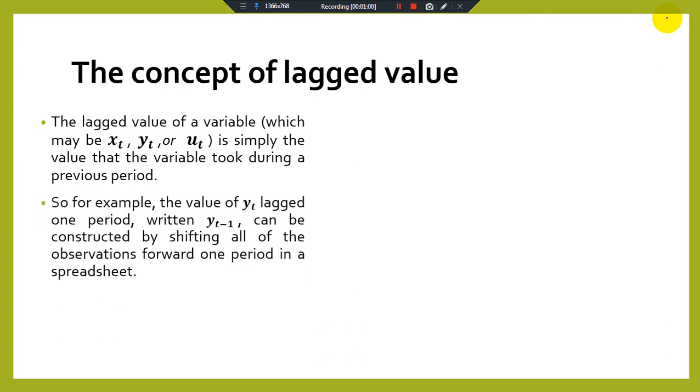For example, the value of yt lagged one period is written as yt minus 1 and can be constructed by shifting all of the observations forward one period in a spreadsheet. If we want to take the lag of x, we can write it as x t minus 1, like ut minus 1. So this is one period lag.